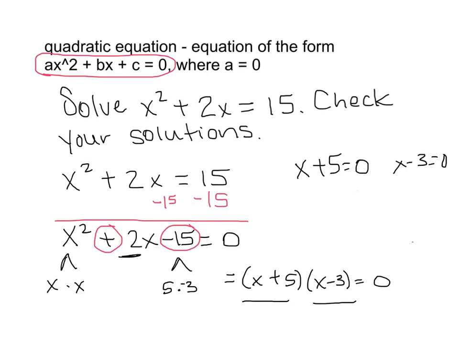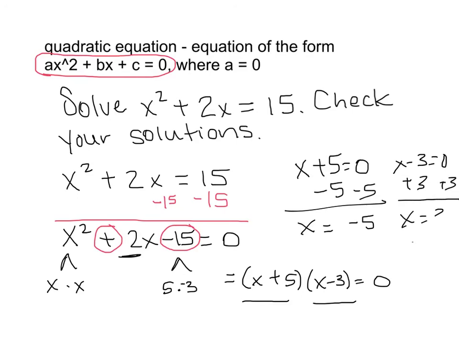Solving the first equation, I'm going to subtract 5 from both sides, and we've got x equals negative 5. I'm going to add 3 to both sides, and x equals 3. So our two solutions here are x equals negative 5 or x equals 3.